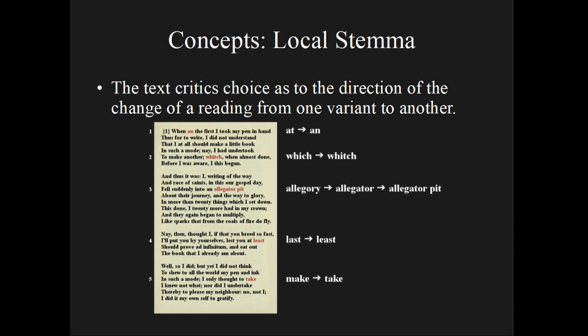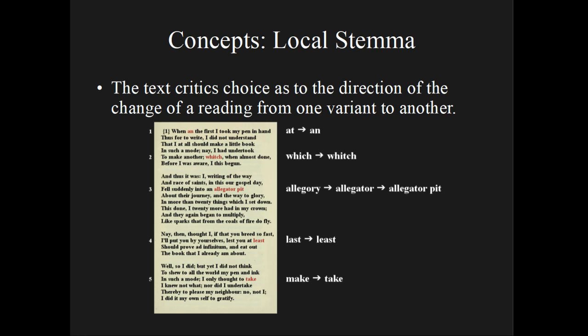We see for number 3 it goes from allegory to alligator to alligator pit, so you have 3 variations here. Basically, the local stemma is local because it's at a particular place of variation, and you have the direction of change as it has been judged by the text critics. They've judged that the original reading was allegory, and then it went to alligator, and then it went to alligator pit.